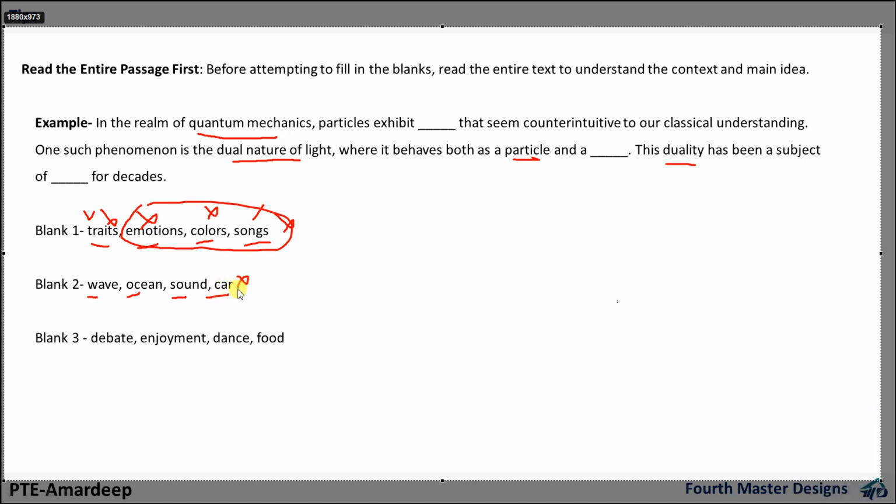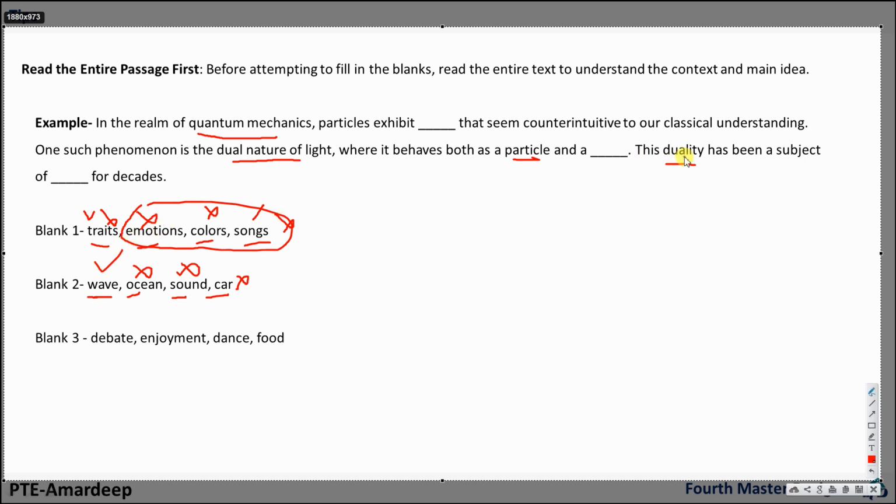Car doesn't make sense. Light behaves as a particle and a sound. Light behaves as a particle and an ocean. Light behaves as a particle and a wave. You might have read this in class 11 or class 12. So the correct answer here is wave.